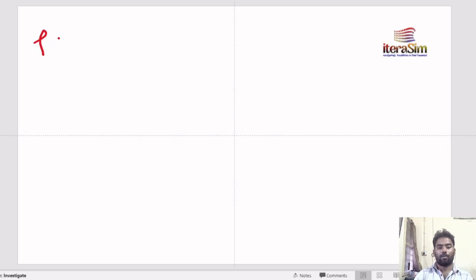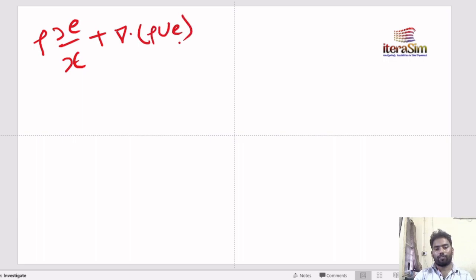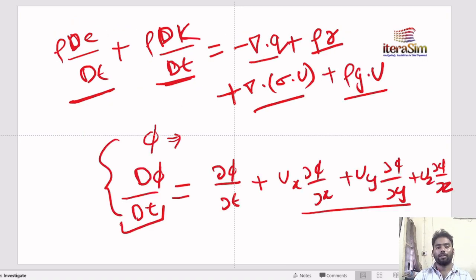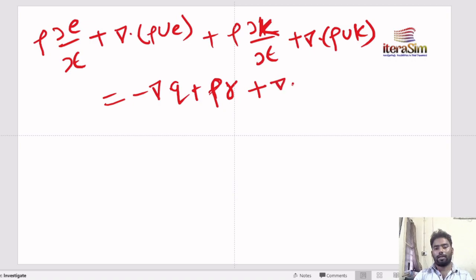So we have rho del E upon del t plus del dot rho u E. Similarly for the kinetic energy we have rho del K upon del t, this is capital K, plus del dot rho u K equal to minus del dot q, that is the heat flux, plus rho R, the heat source or heat sinks, plus del dot sigma dot u plus rho g dot u.